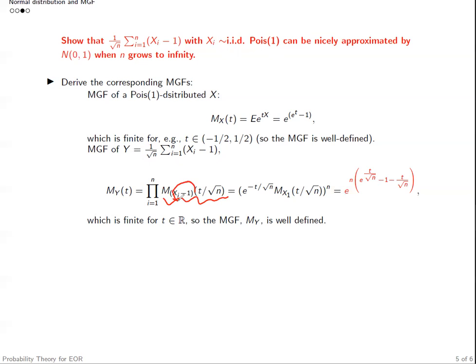Xi minus 1 is a location-scale transformation of xi.